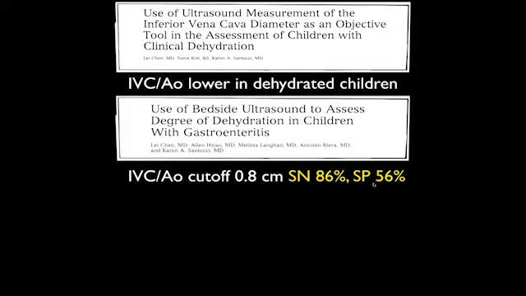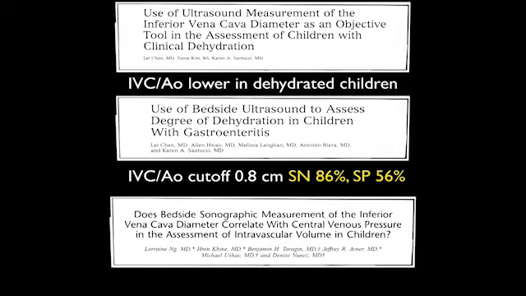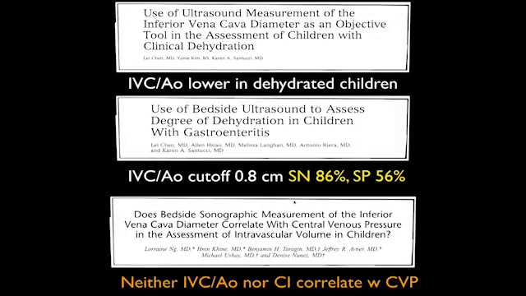Now, if this hasn't told you that the IVC is not really all that reliable, this is my favorite study because this actually proves it. Lorraine had actually looked at patients in the ICU who had a CVP monitor, and they looked at IVC measurements. They looked at collapsibility index, which is one of the measurements, and they looked at the IVC aorta ratio, and they did not correlate with the CVP.